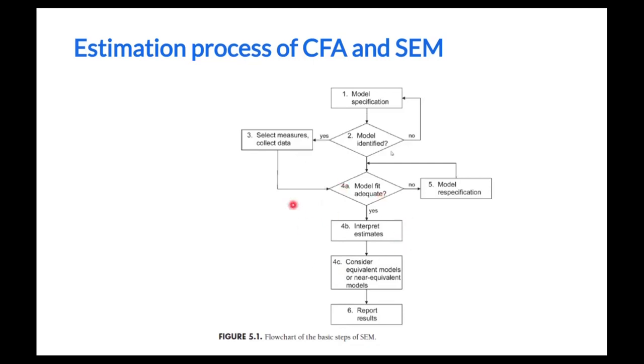In any other case, if we don't have evidence about the adequacy from the fit indexes, the interpretation of the estimates is poor and sometimes spurious. After this interpretation, we can consider other options like equivalence between models, comparing, for example, between groups or across countries. That is another kind of question. And finally, report the results.